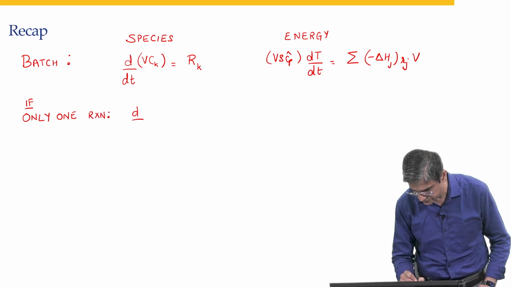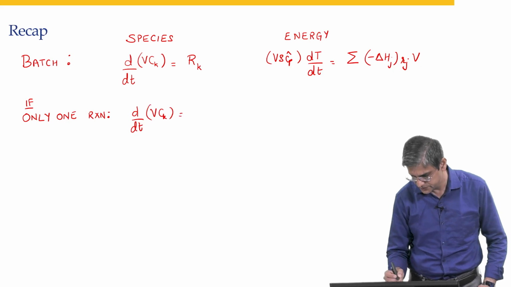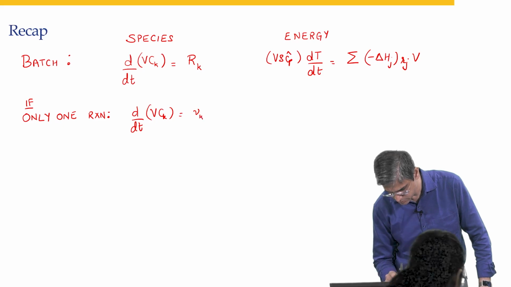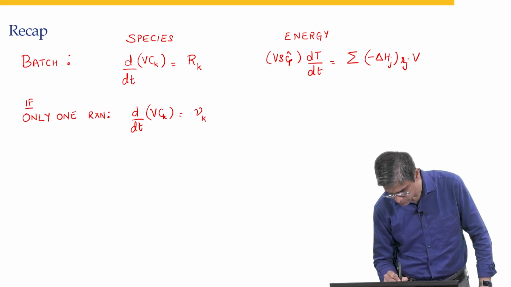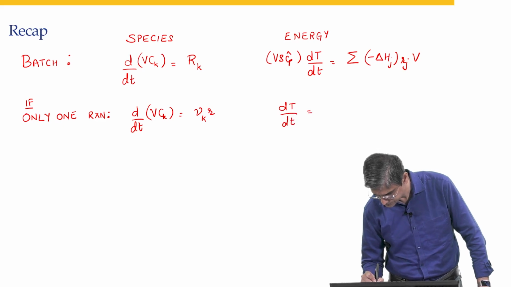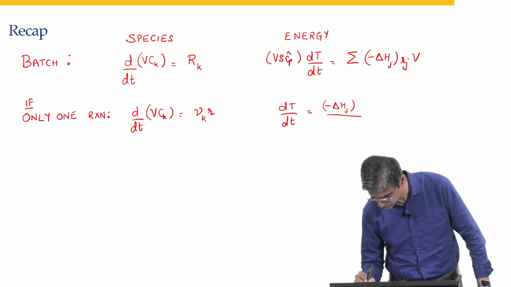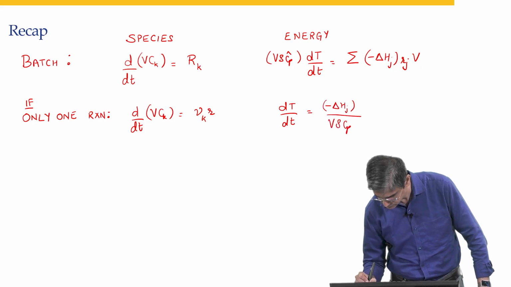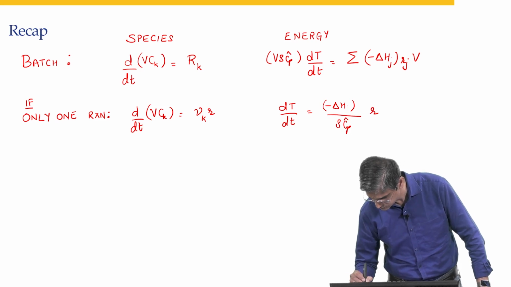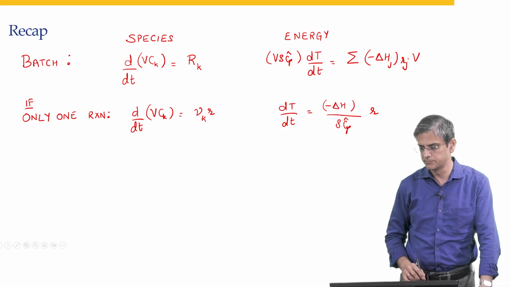Then you will have d by dt of V Ck equal to nu k r, and dT by dt equal to r.